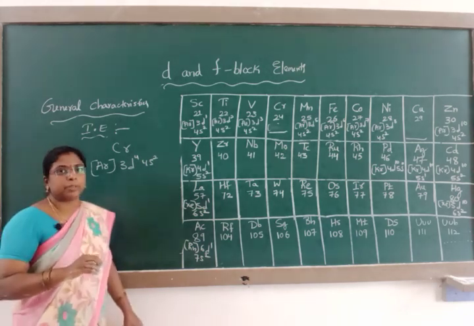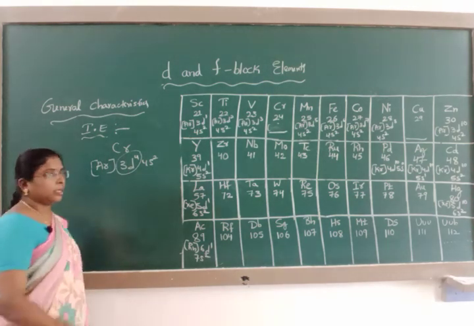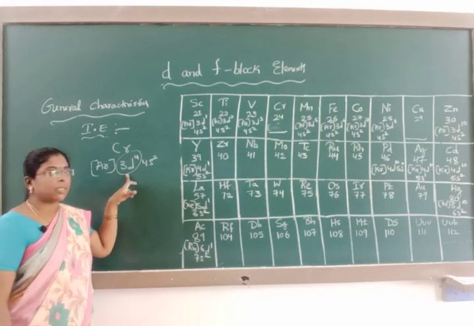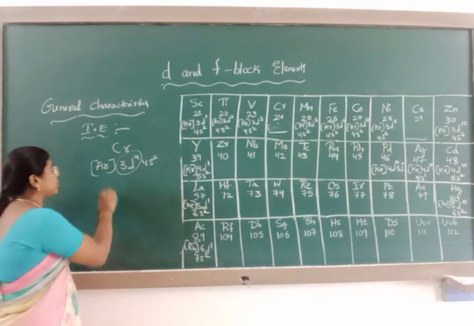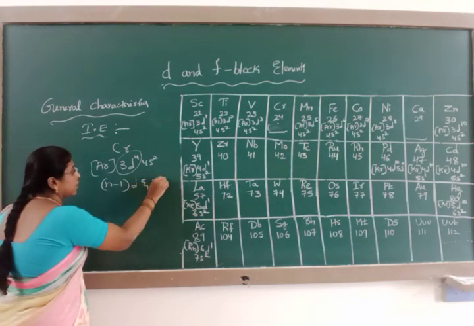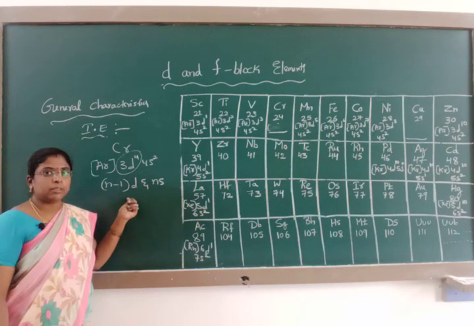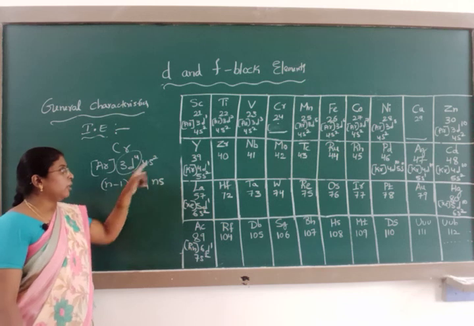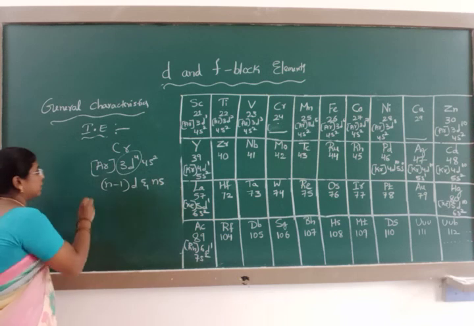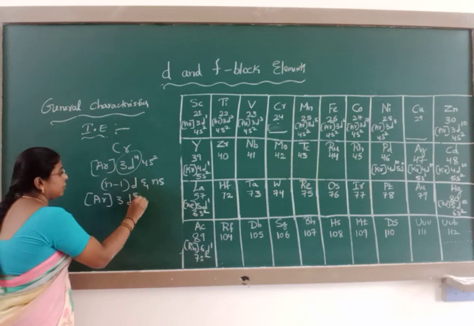But since it attains stability by gaining one electron from the 4s subshell, the 3d as well as 4s, that is the n minus 1 d subshell as well as the ns subshell, both have similar energies. Since they have comparable energies, one electron from the 4s subshell will jump to the 3d, hence it attains a stable configuration, argon 3d5 4s1.